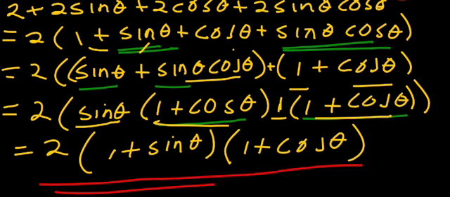As you can see, this is what we had earlier on the right hand side. So we've proved that open brackets 1 plus sine theta plus cos theta close bracket squared is equal to 2 open brackets 1 plus sine theta close bracket times open bracket 1 plus cos theta close bracket. So this now should be done as simple as that. I hope you got the concept. Now let's go to question 7c.